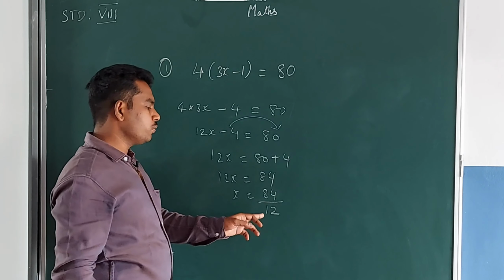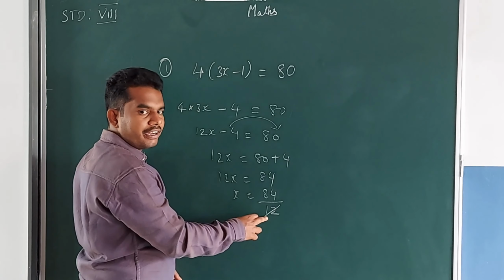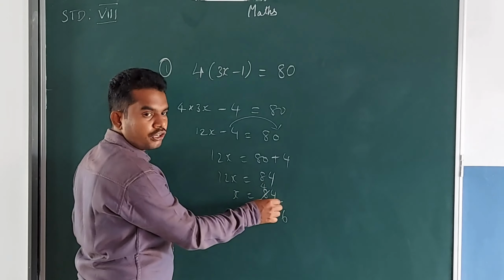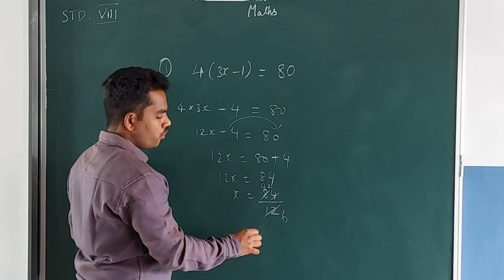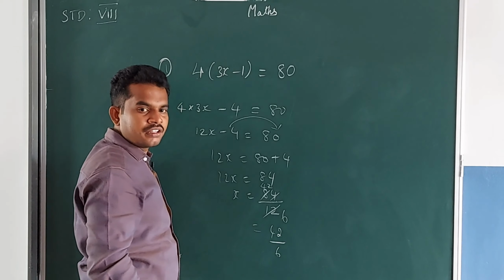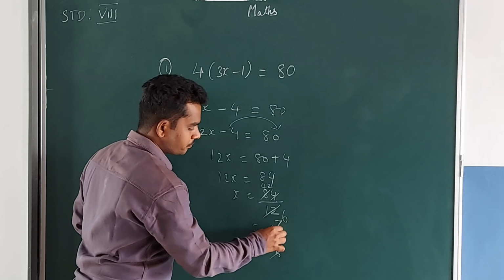So, in 12 table you cancel or simplify this step. In 2 table 12 how many times? 6 times. In 2 table 8 4 times, in 4 table 2 times, so 42 by 6. In 6 table 42 how many times? 7 times.